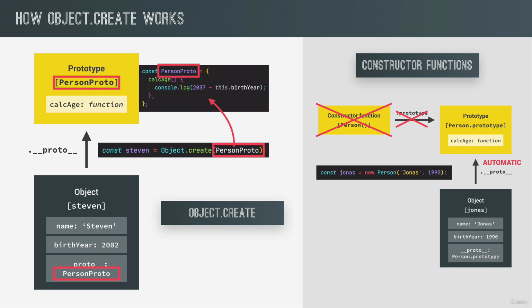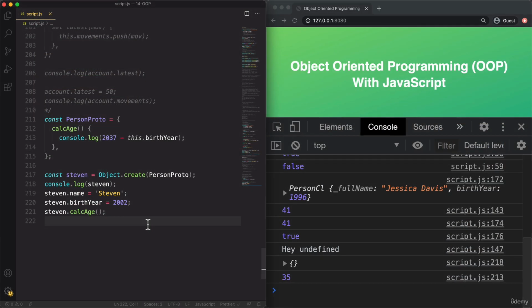And even more importantly, we will need Object.create to link prototypes in the next lecture in order to implement inheritance between classes. So with that, we're going to take object-oriented programming to a whole new level, and the Object.create function is going to be crucial in that, as we will see.